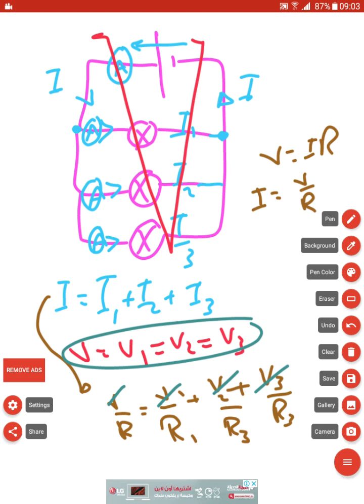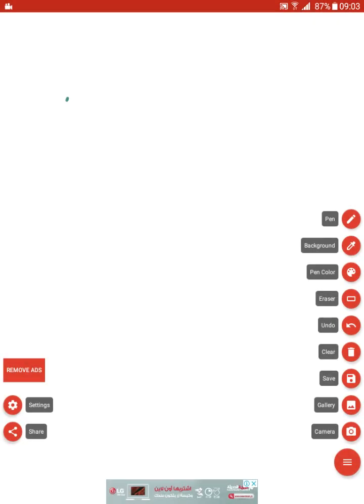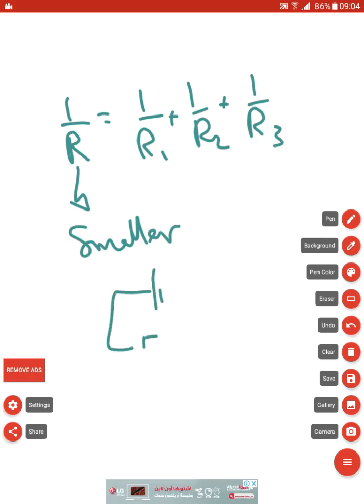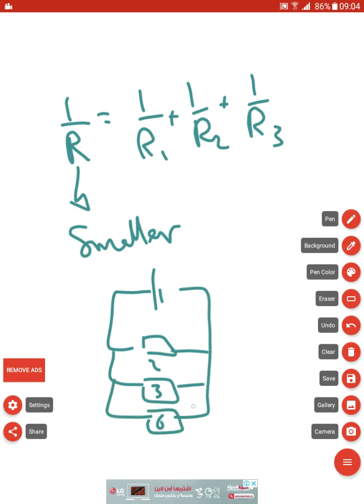So in the end, we have 1 over R total equals 1 over R1 plus 1 over R2 plus 1 over R3. The total resistance is smaller than the smallest resistor. If we have 2 ohm, 3 ohm, 6 ohm, the total resistance must be less than 2.